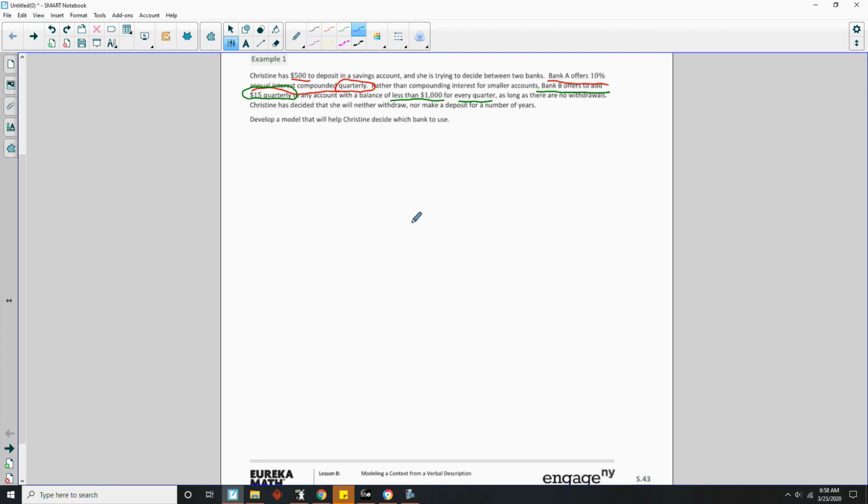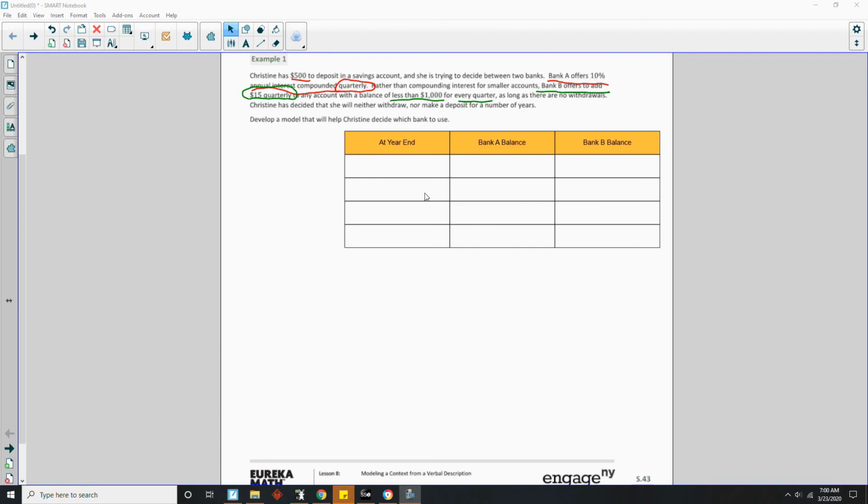So we're going to use a table. Okay, so here's my table, and I have at year end we're going to have a balance and how many years we are doing. Bank A balance and Bank B balance we're going to compare.